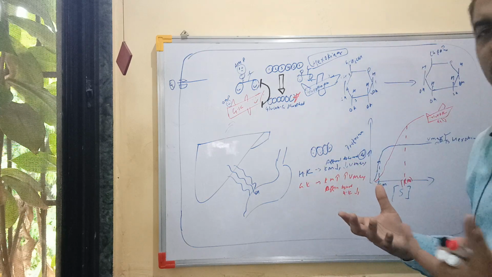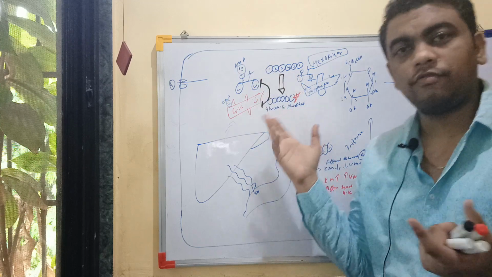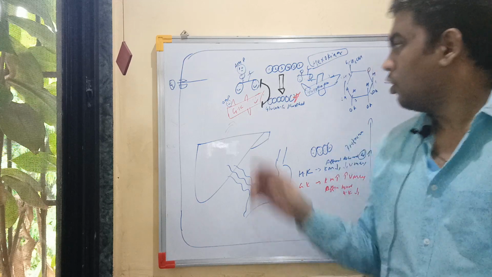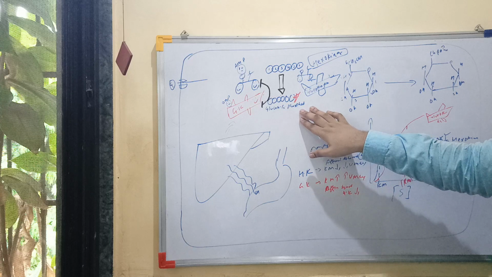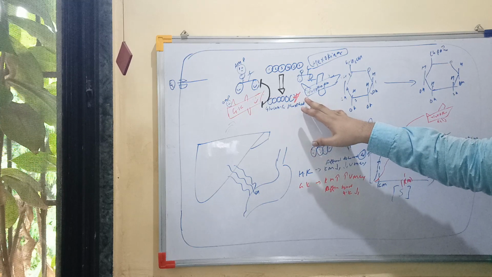It makes sense, correct? If there is lots of glucose 6-phosphate, why make more glucose 6-phosphate? Let us inhibit that. So the inhibitor is glucose 6-phosphate, and the activator is AMP, correct?